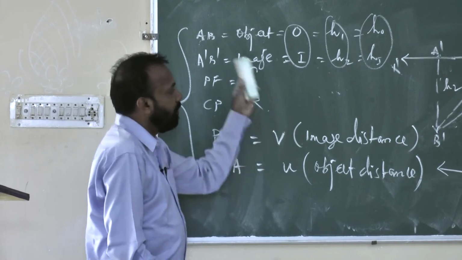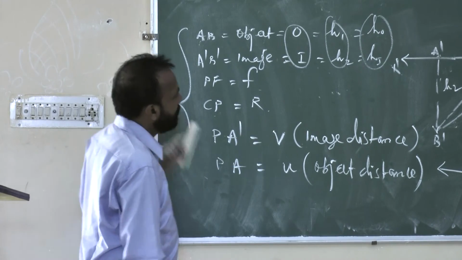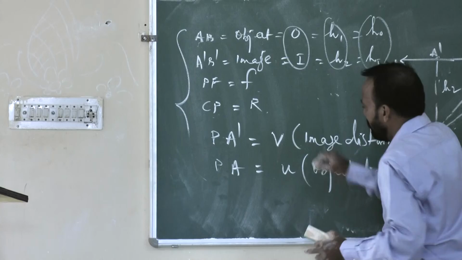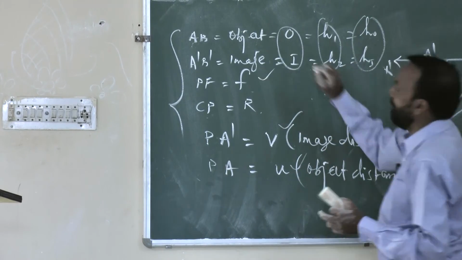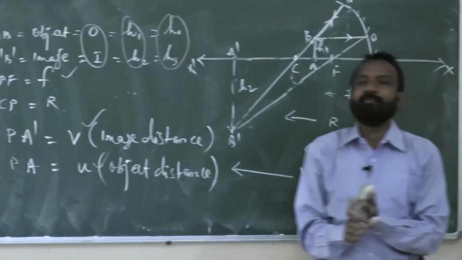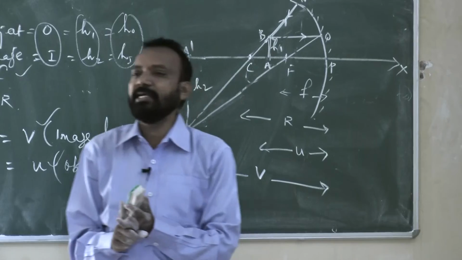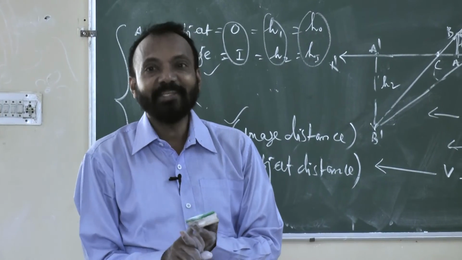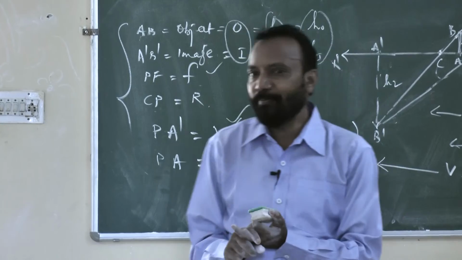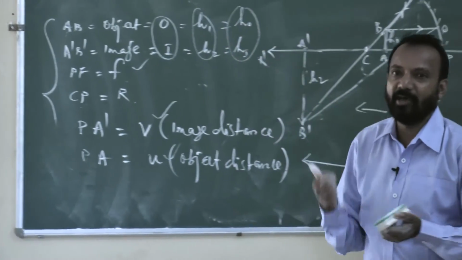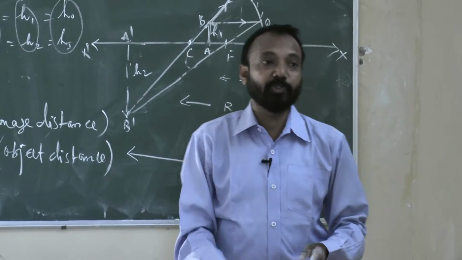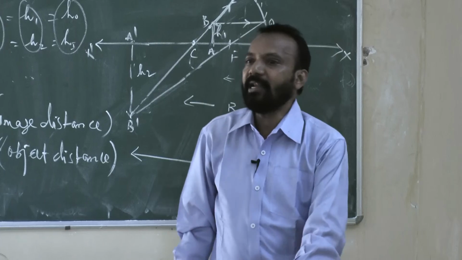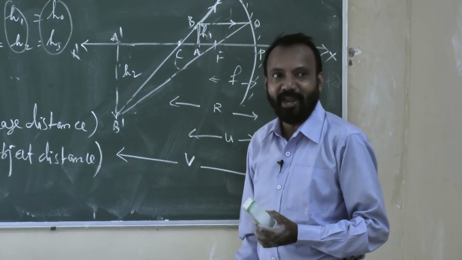Clear? Now I will give another relationship. Here you see I got V, U and F. The relationship between image distance, object distance and focal length is called the mirror formula. It is not in your syllabus to derive the mirror formula, but I promise I will derive it in free time.